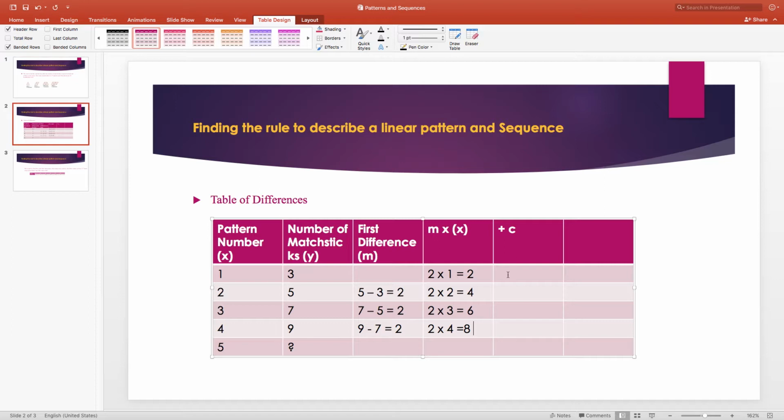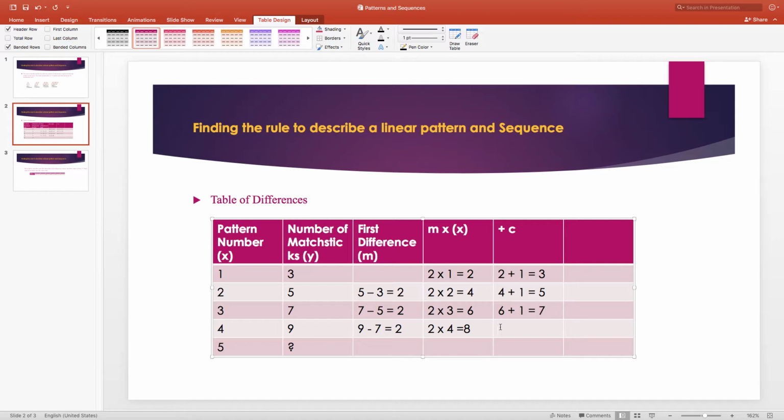Now to get C, you just have to look at this and see how much you have to add to it to get each of the Y values. And in this case we have to add 1. So 2 plus 1 equals 3. 4 plus 1 equals 5. 6 plus 1 equals 7.